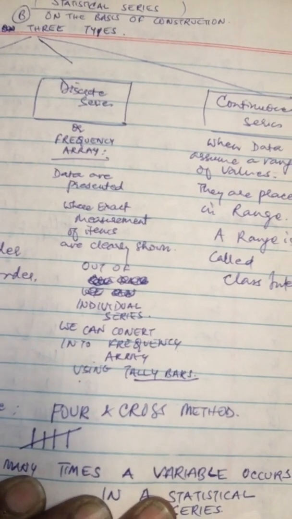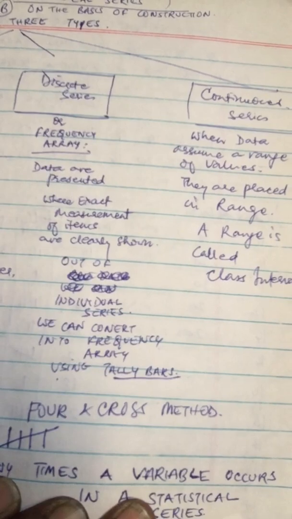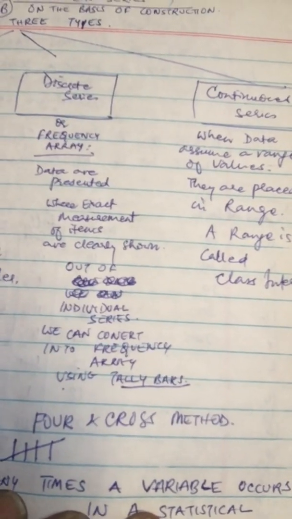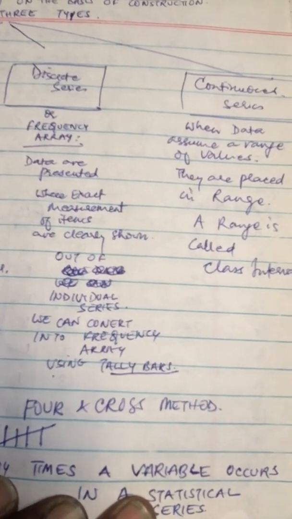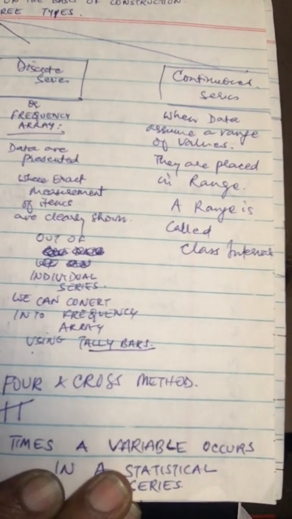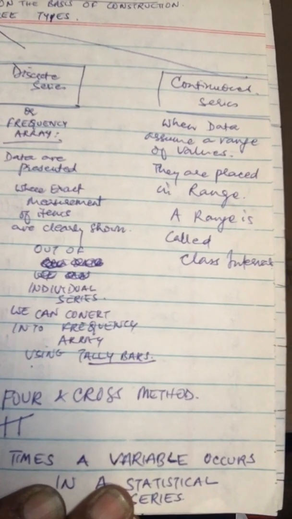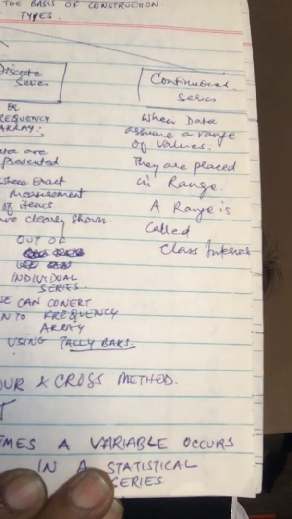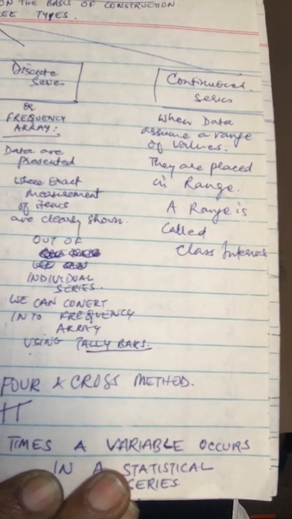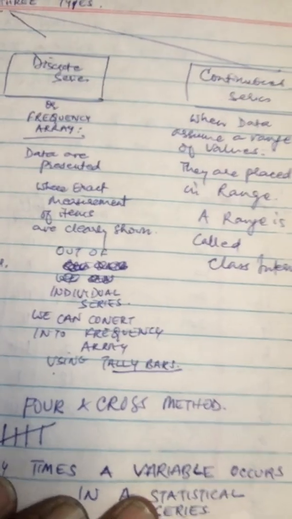of the discrete series, the variable is a given. It is a full number, whereas in the later, that means continuous series, it can be shown as fractions too. Okay, so this is known as frequency distribution when you are talking about continuous series.